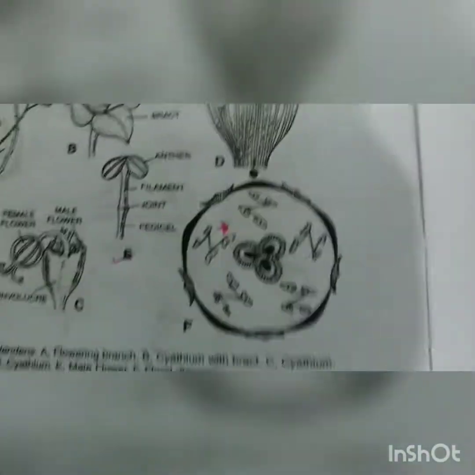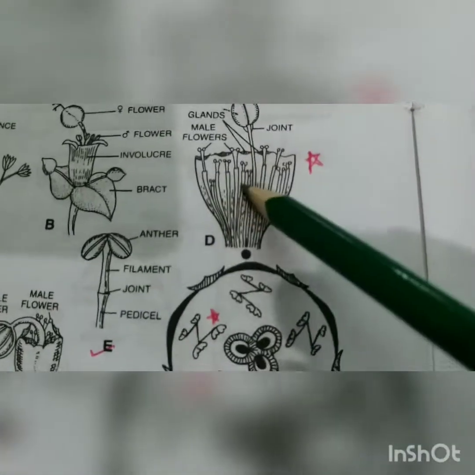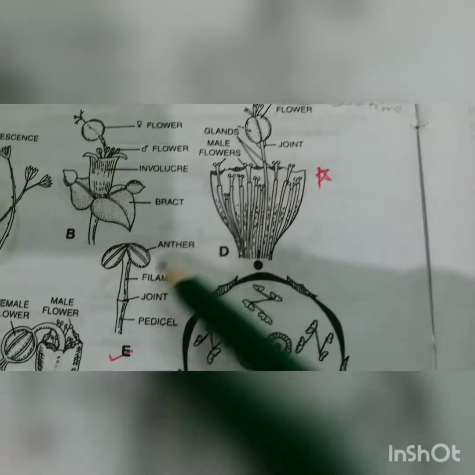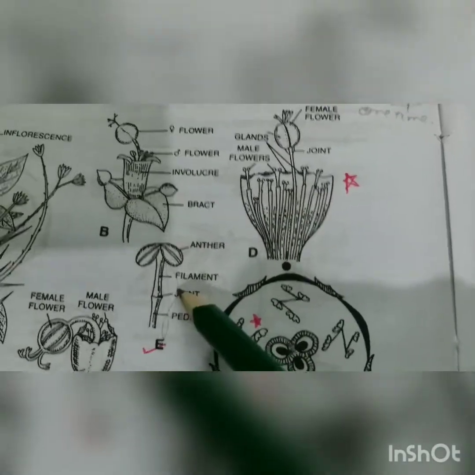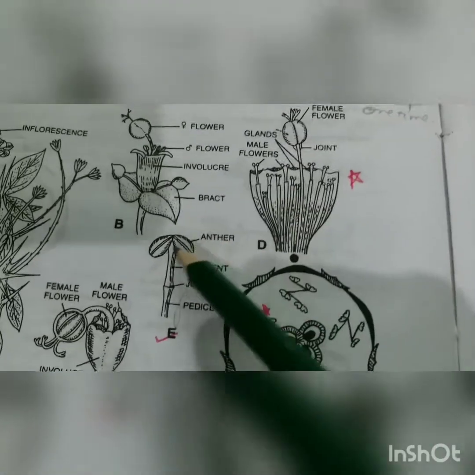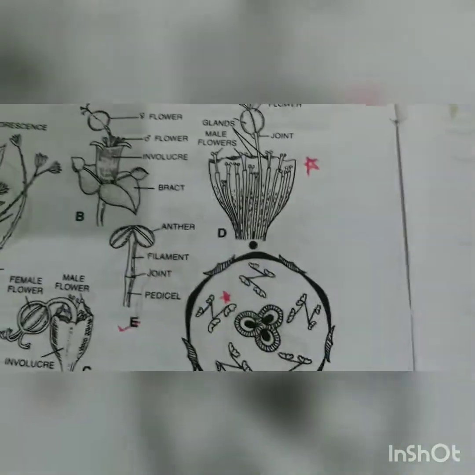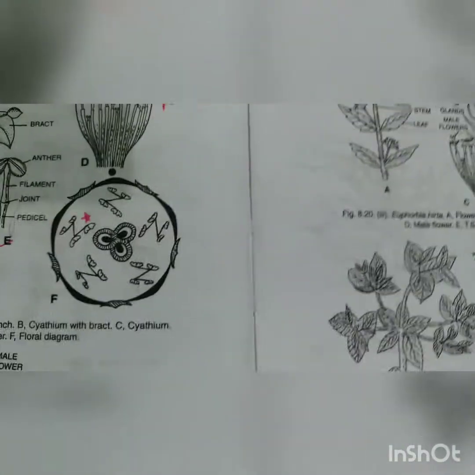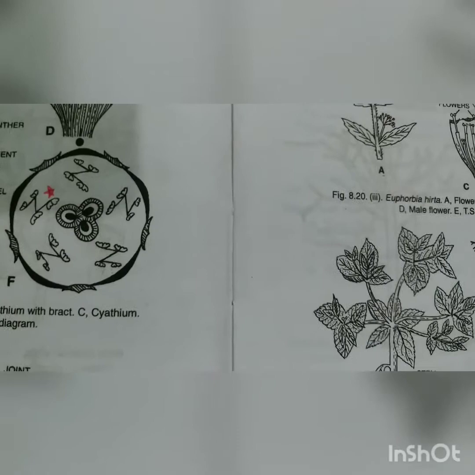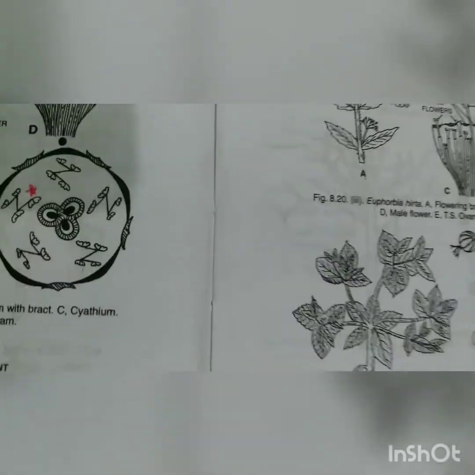So in the male flower, which is centrifugally arranged, the filament is jointed, and the androecium, as I told you, is bithecous and basifixed, stamen 1.